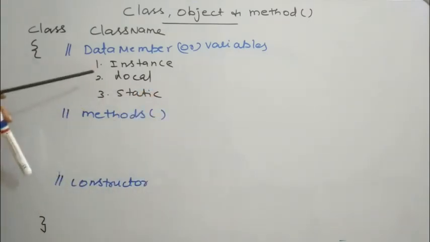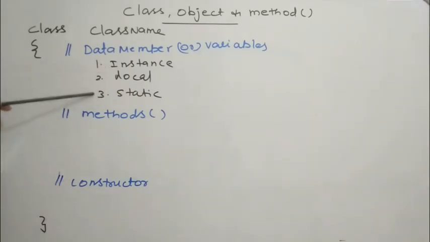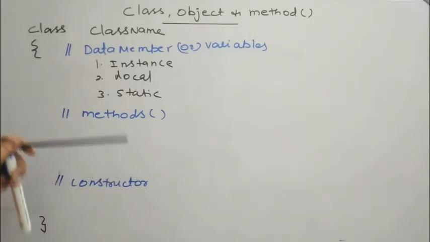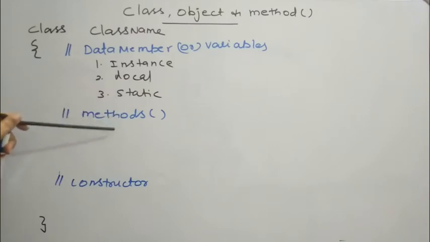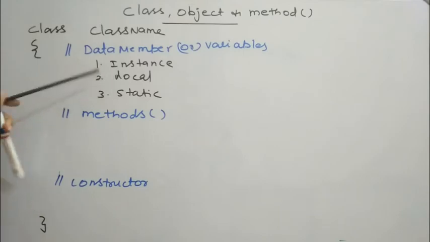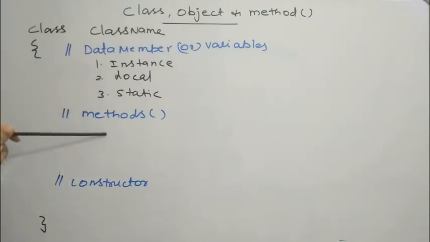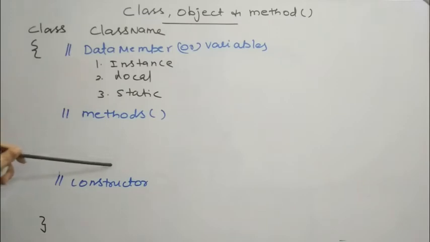Based on the scope and when the memory is allocated for the variable, they differ. If we define variables inside a method definition, those variables are called local variables. Instance variables are variables defined outside any method definition.